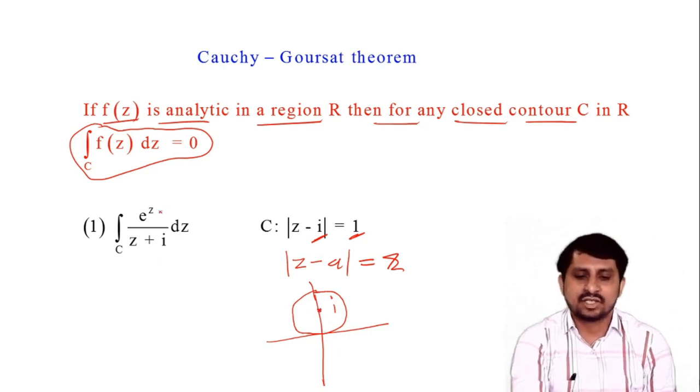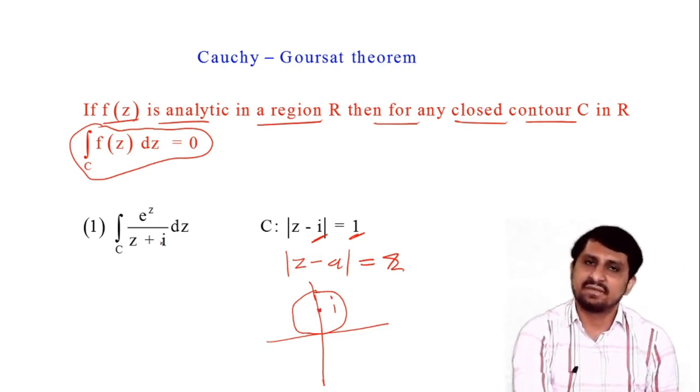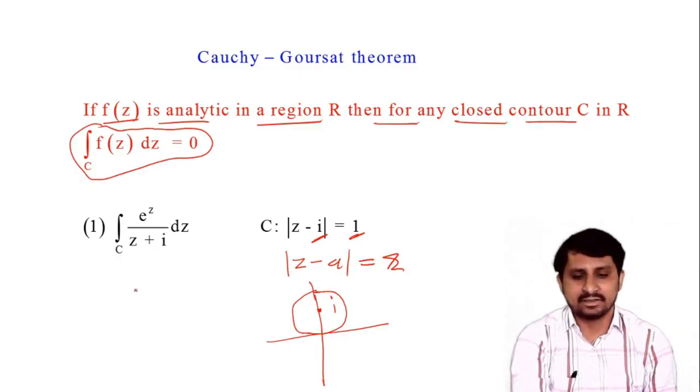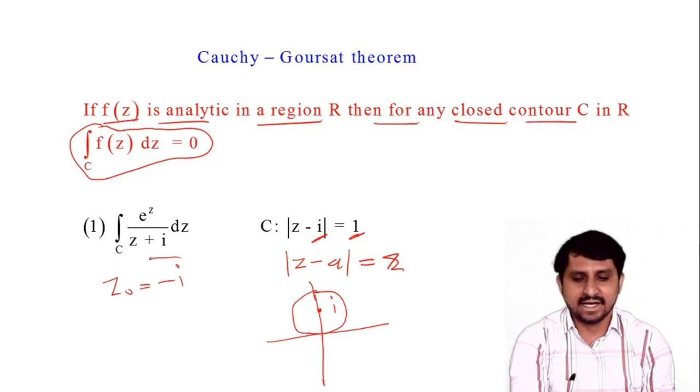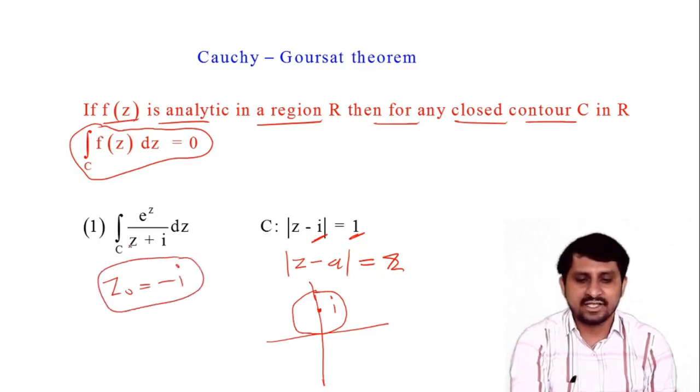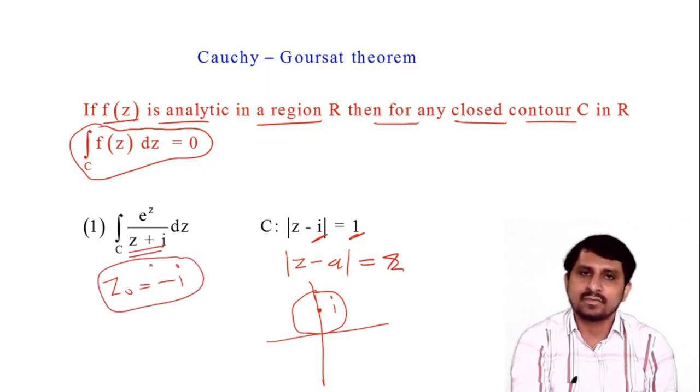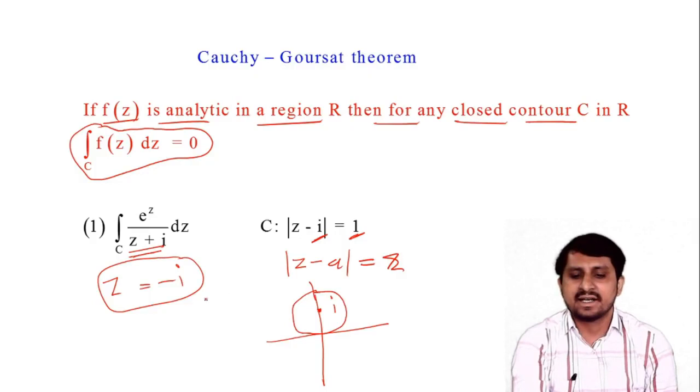Now this function is analytic everywhere except at one point. Which point? z0 equal to minus i, because at this point the denominator becomes 0. When I take z equal to minus i, you can easily understand, the denominator becomes 0.